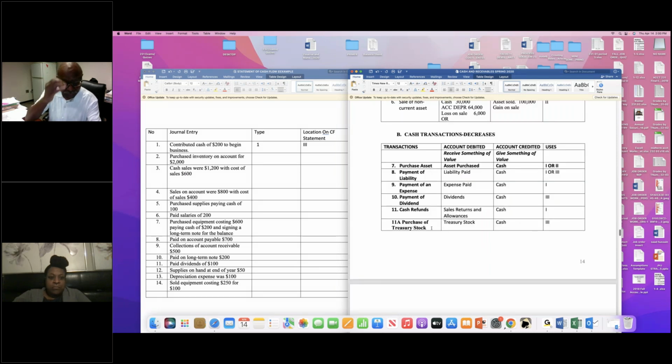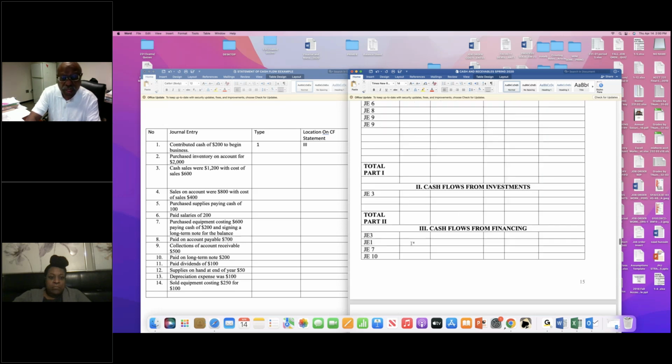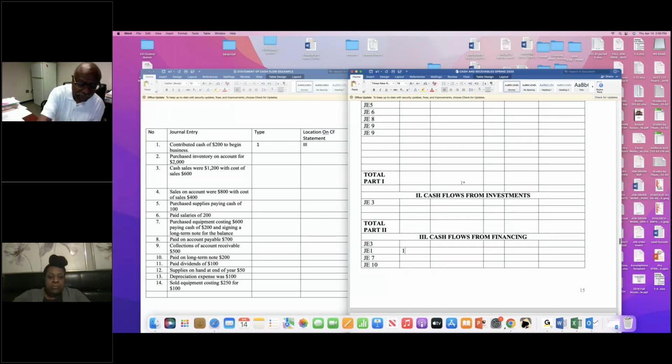So this is type 1, and we're going to put in that source column the amount, which is $200. Do we see that? Yes. So we've got to do that for each transaction.